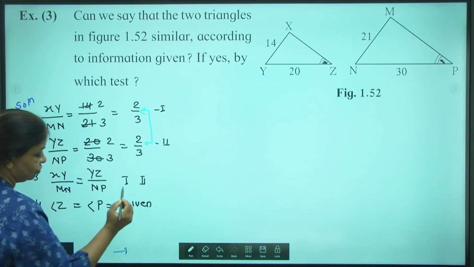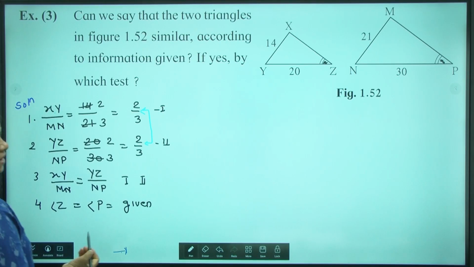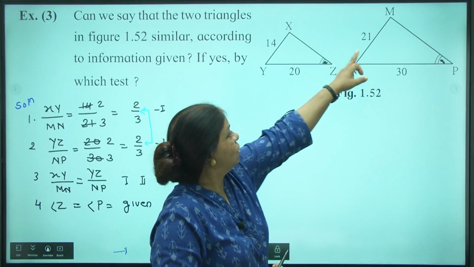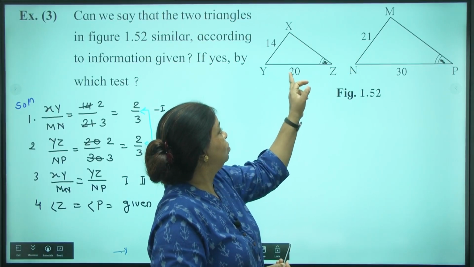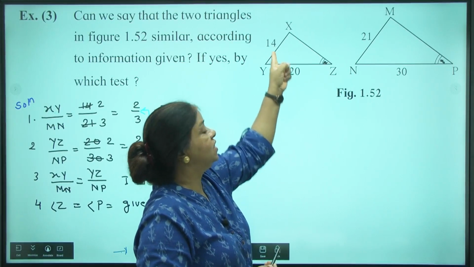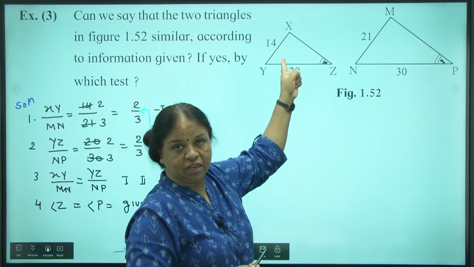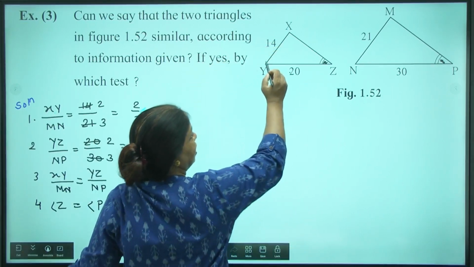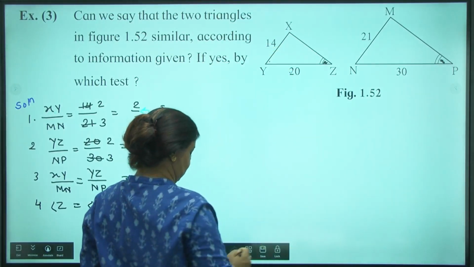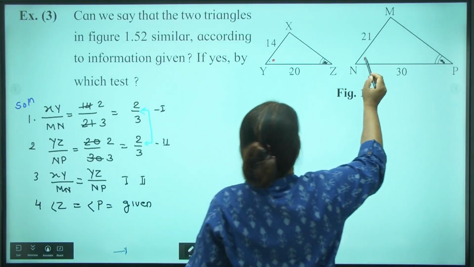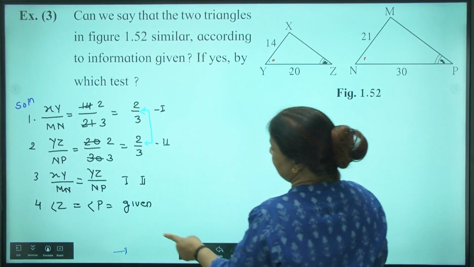So most of you will say that it is the side angle side test, but it's not. See, this ratio upon this is equal to this upon this. The angle which is given here should be included by these corresponding sides ratio, but it is not included in between. It should have been somewhere here. If it would be somewhere here, then we could have taken the test of side angle side.